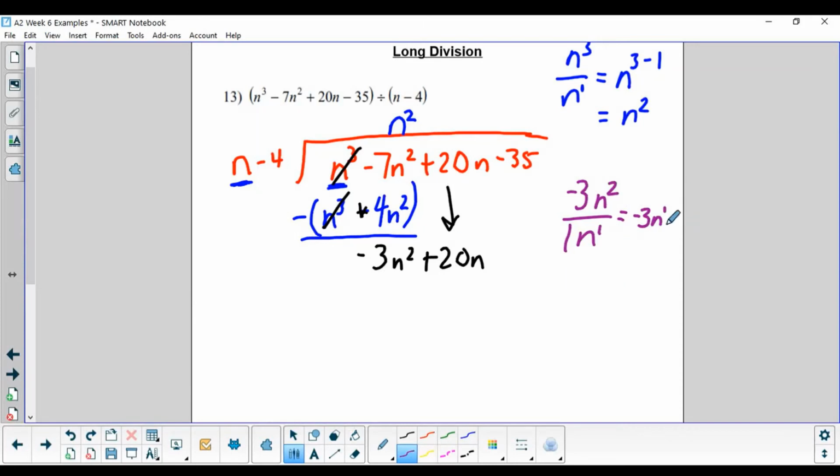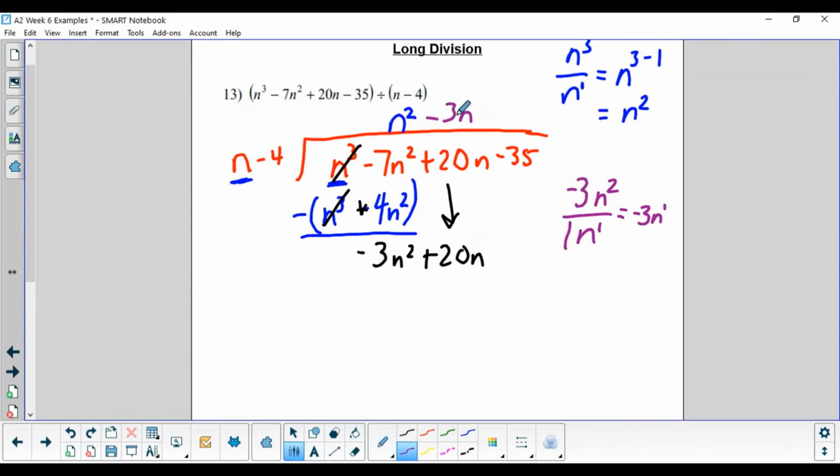So that means that in order to get -3n squared, I would need to multiply n by -3n. So I'm going to put -3n up at the top. So negative 3n times n gets me negative 3n squared. Negative 3n times negative 4, well, that's positive 12n. And we're subtracting this.